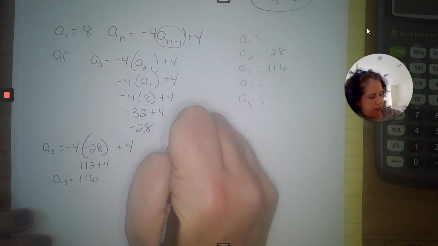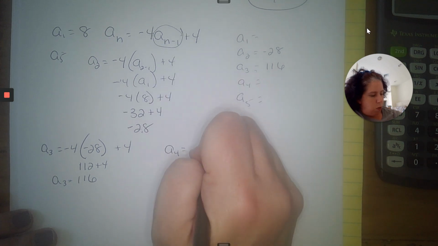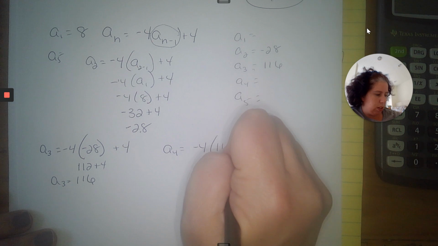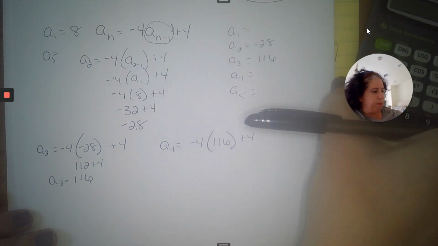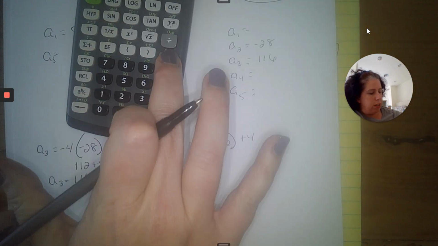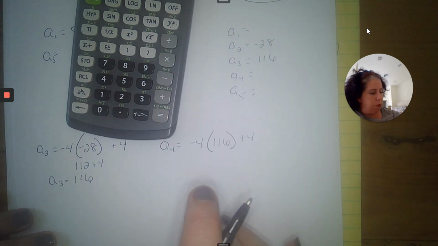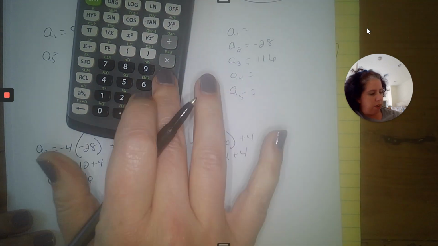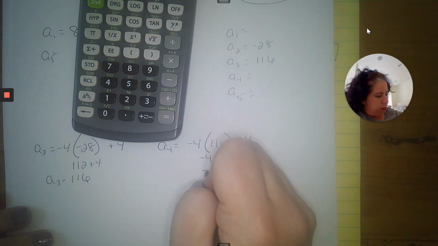Okay, A4. So take negative 4 times A sub n minus 1, that's the previous term, so that's 116, then add 4. So you have 116 times negative 4, that gives me negative 464, then add 4, that gives me negative 460.